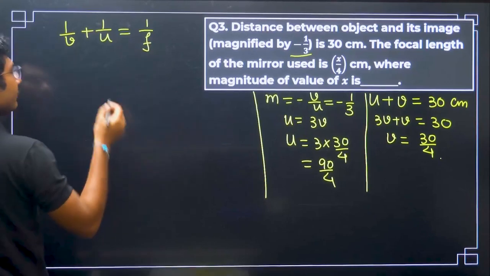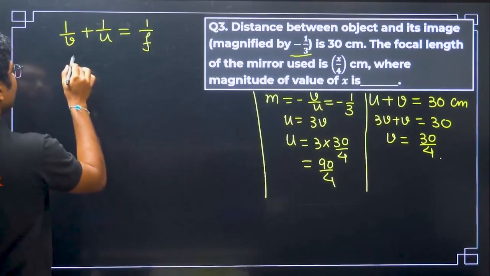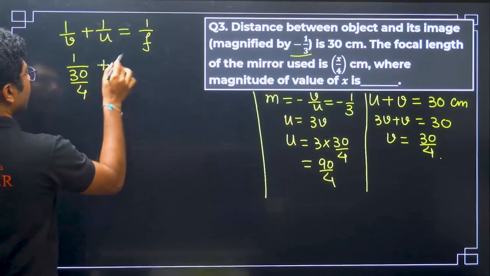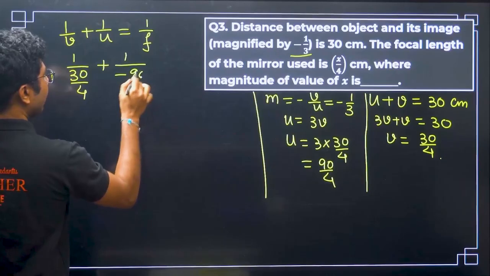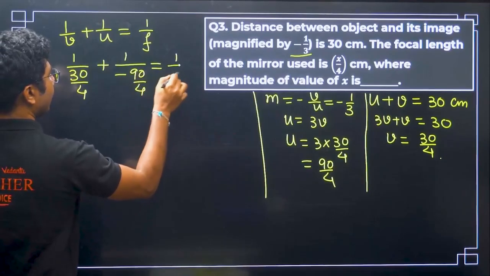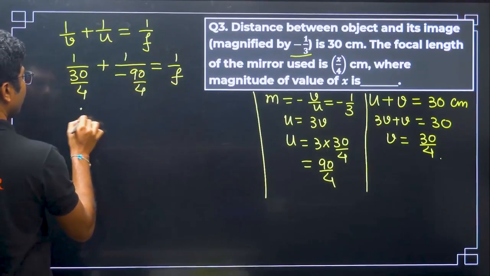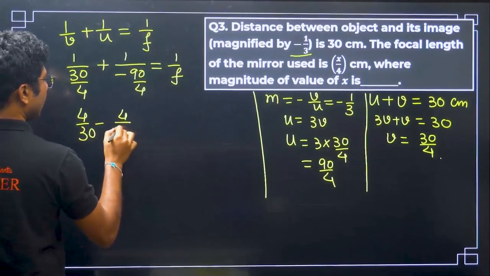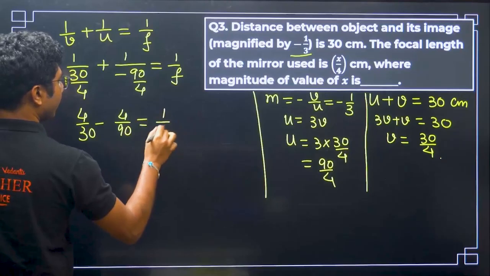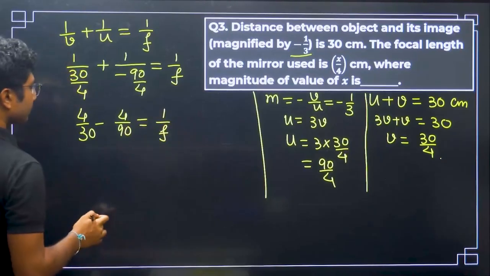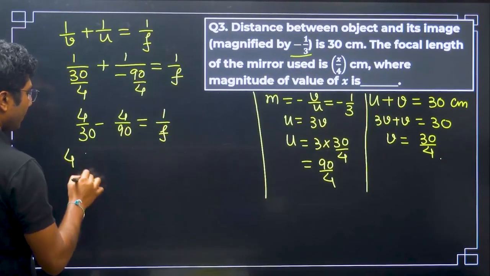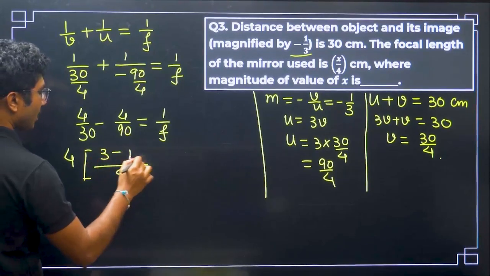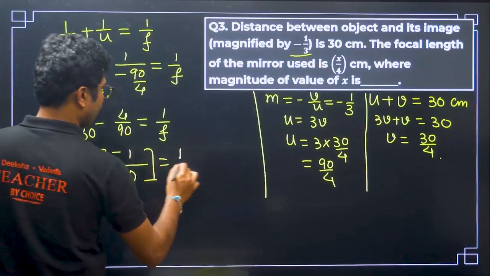Now v is positive, 30 by 4, so 1 by 30 by 4 plus 1 by minus 90 by 4 equals 1 by f. So it will be 4 by 30 minus 4 by 90 equals 1 by f. Now 4 will be common and you get LCM to be 90, 3 3s are 90, minus 1 equals 1 by f.